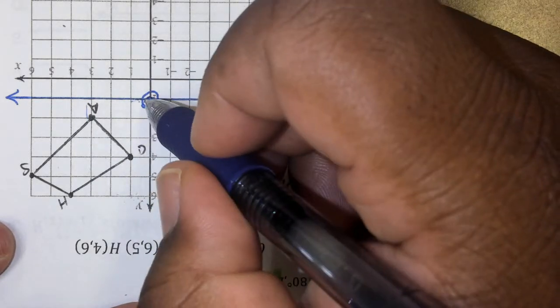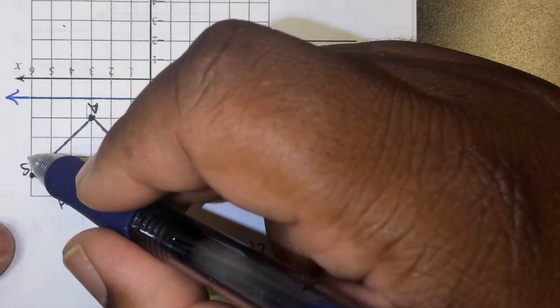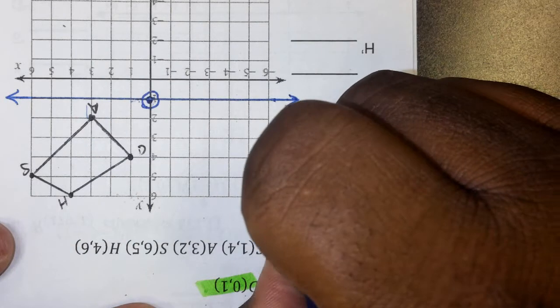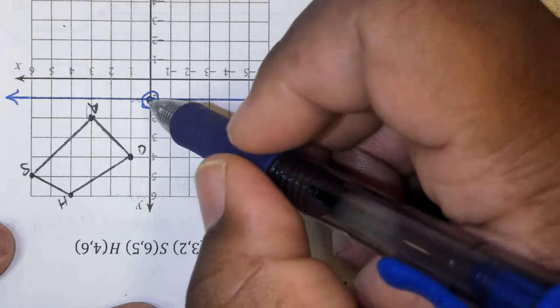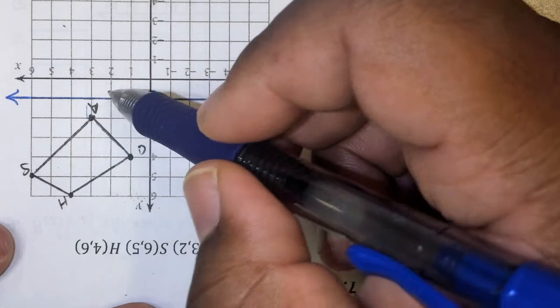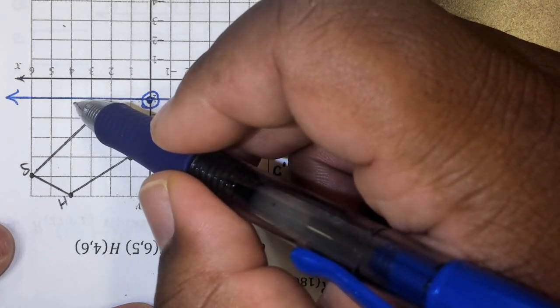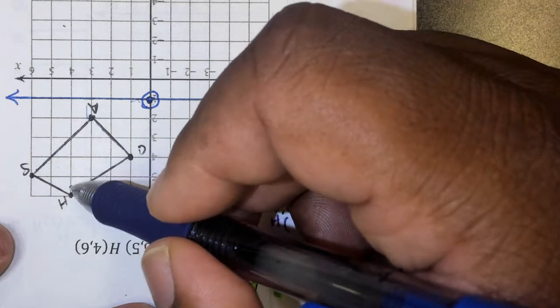And then S, that's all the way over to 6, so that's -6. And then down 1, 2, 3, 4. So it's -6, -4. And then H is over -1, 2, 3, 4, and it's down -1, 2, 3, 4, 5.